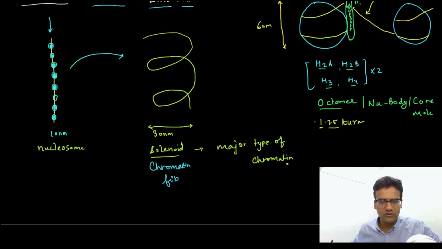This chromatin fiber is the major type of chromatin material in the nucleus during your interphase stage.